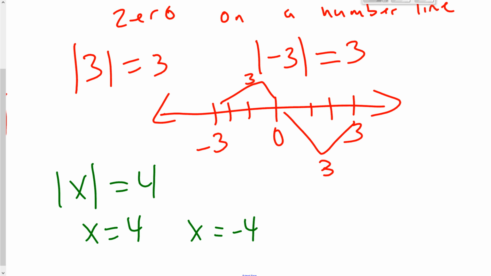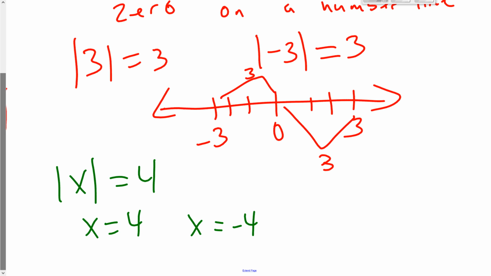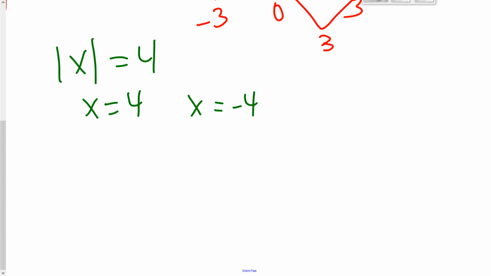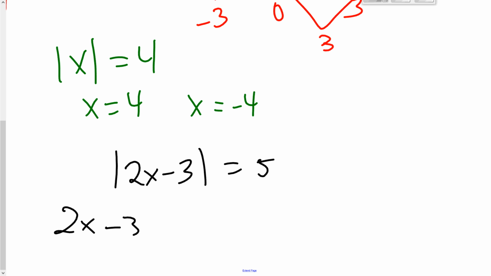So the best thing to do is to literally write two different equations. So when we have an absolute value problem to begin with, we always want to start with writing two equations. So the first one is the same exact equation, just take down the absolute value bars.